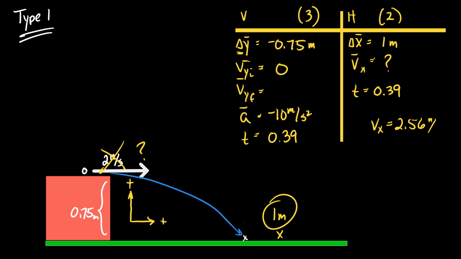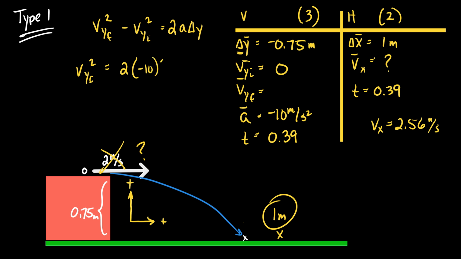All right. Is that enough time? There wasn't a whole lot to do. I assume you used Vy final squared minus Vy initial squared equals 2a delta y. This would do it, right? And you'll have Vy final squared equals 2 times negative 10 times negative 0.75 to give you Vy final.